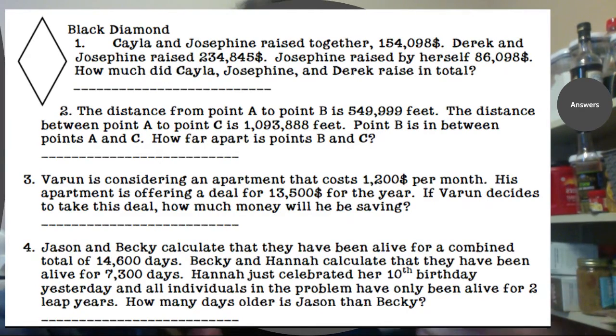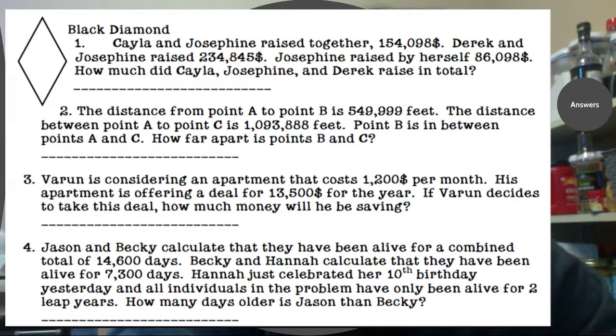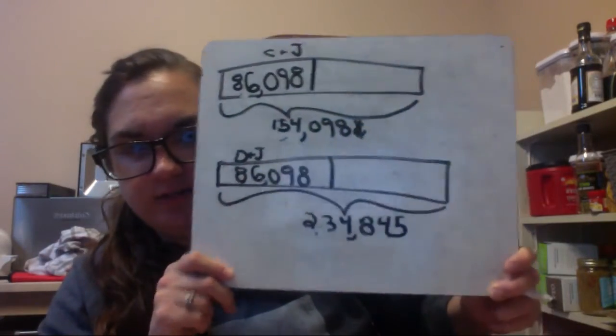So now I can actually plug in Josephine to my previous bar diagrams because I know how much Josephine made. So I'm going to put a line, and Josephine's is $86,098. So this is what your bar diagram should kind of look like.